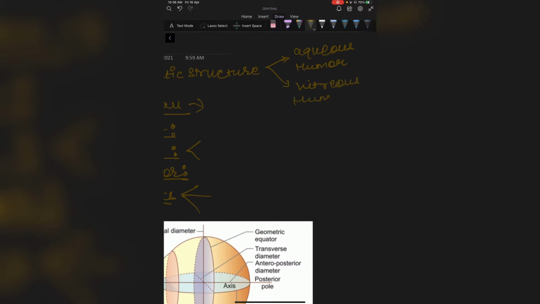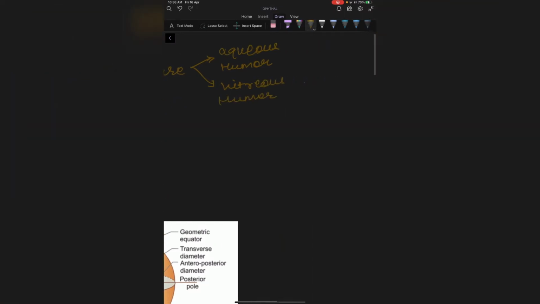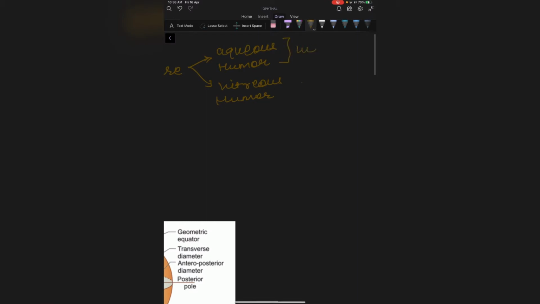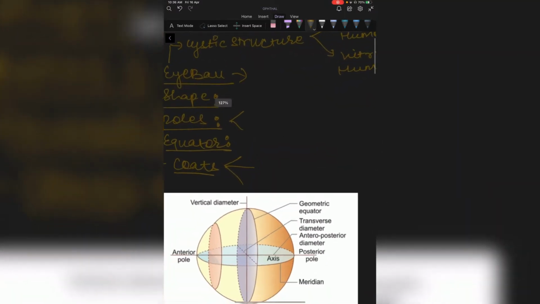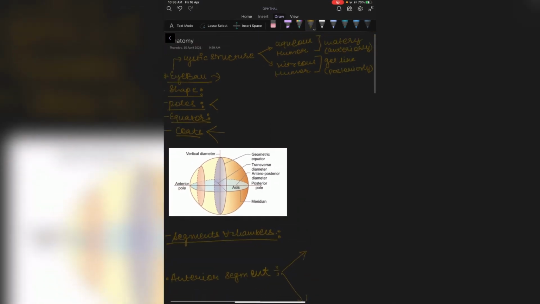Now, the aqueous humor is a watery substance which is present anteriorly, and your vitreous humor is a gel-like substance present posteriorly, right? So these are the two things, that is just an introduction.